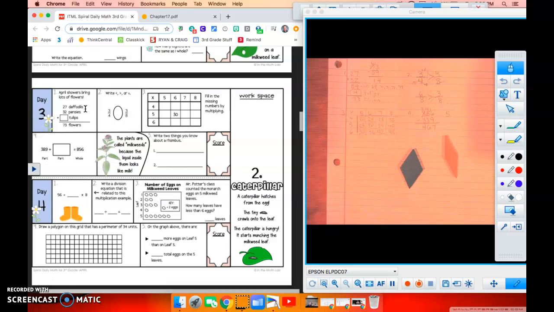Okay, so on a rhombus, we know that all 4 sides are the same length. Okay? So if we look at the sides of the narrow rhombus, the tan one, all 4 of those sides are the exact same length.